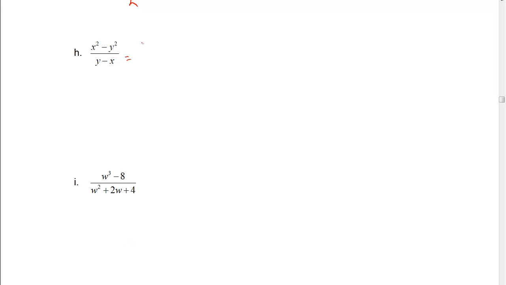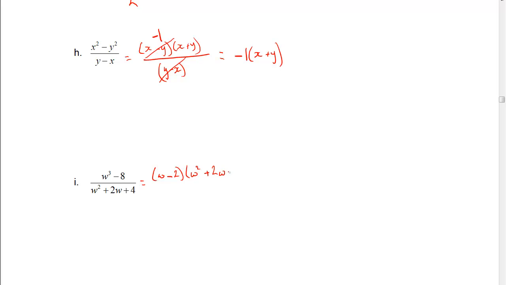Here we get difference of squares, x minus y and x plus y over y minus x. Y minus x, x minus y, well, cancel as long as we put the minus 1 because they differ in sign. So minus 1 times x plus y. And finally, we have difference of cubes in the numerator, so that's w minus 2, square the first, opposite of the product, square the last, over w squared plus 2w plus 4.